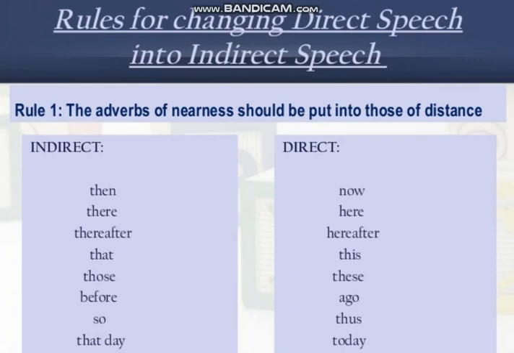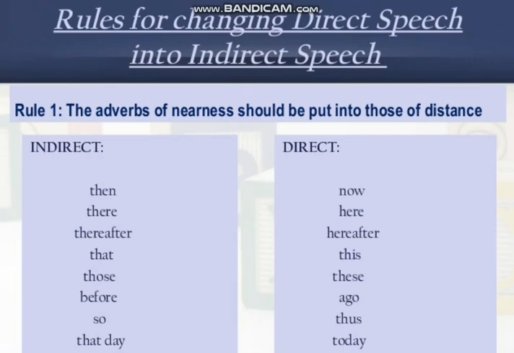As you can see, in direct speech whenever there is "now", it changes into "then", and whenever there is "here", it changes into "there". Similarly: hereafter, thereafter; this, that; these, those; ago, before; today, that day; tonight, that night.